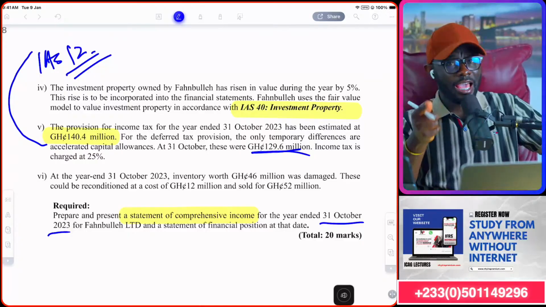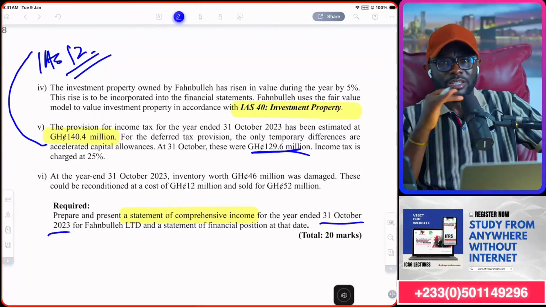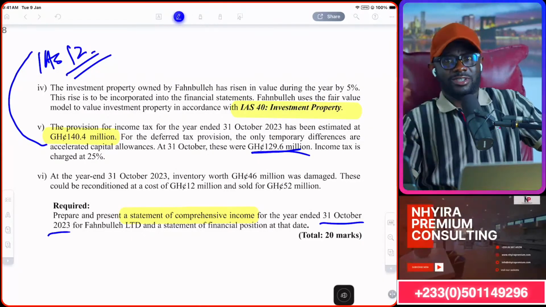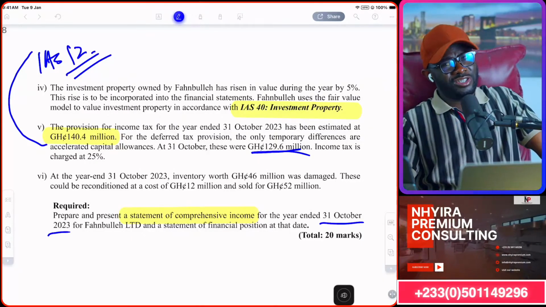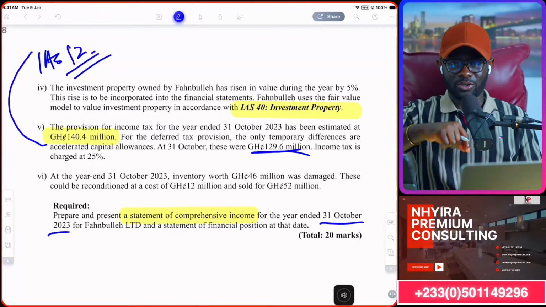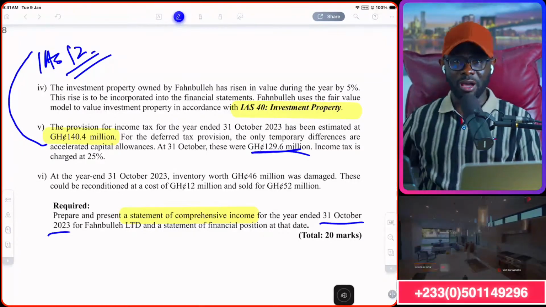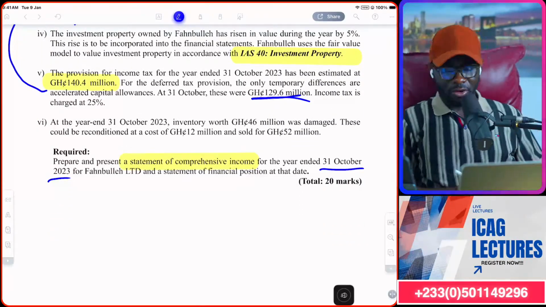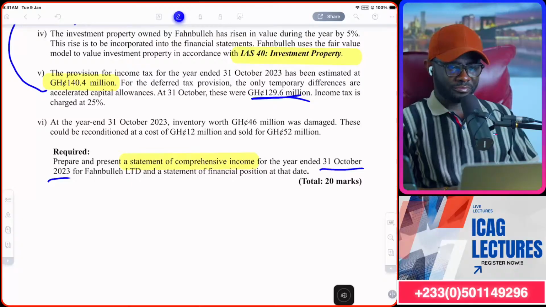So IAS 16, IAS 12, you don't have any excuse, especially if you're a financial reporting student, because it's going to be there. Corporate reporting, you still don't have excuses. These two standards will definitely be applied some way, somehow, or some shape or form in the exam hall, all other things being equal.